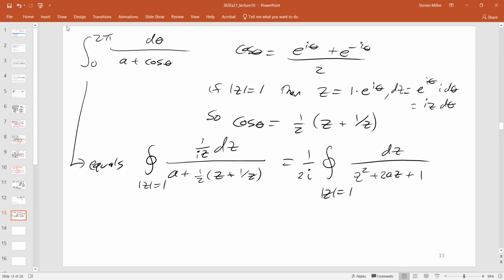Can you still use the quadratic formula? Yes. Have you ever used the quadratic formula for complex a? This is your chance, right? And then you realize the algebra is just the same. And so we can use the quadratic formula.